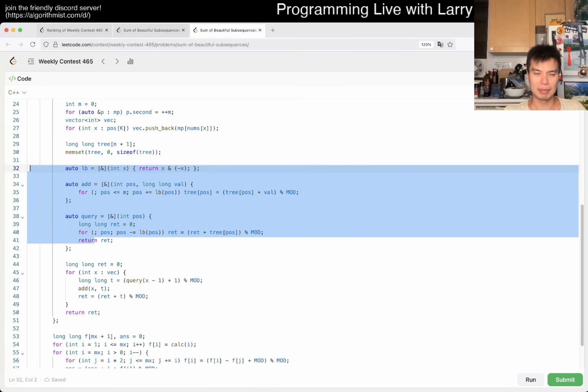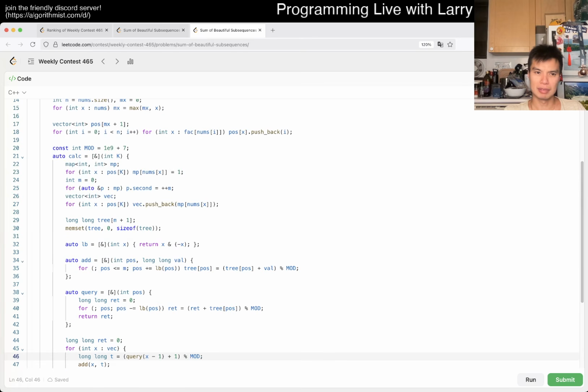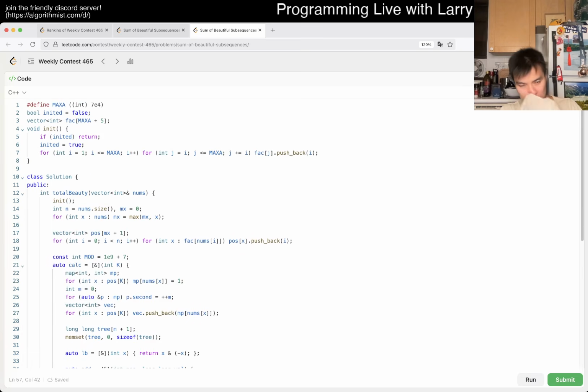I mean, this is the binary index tree. Oh, I guess this is just to get the number of sequences that has this k as the answer. Yeah, and then you want to subtract out the 5. Okay.